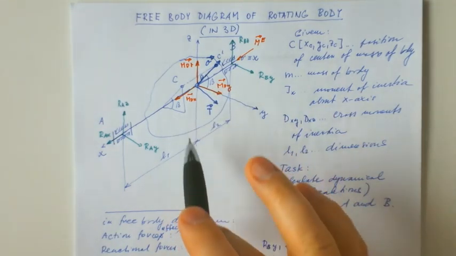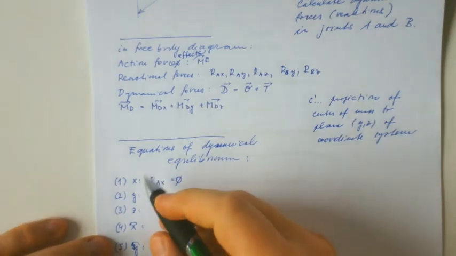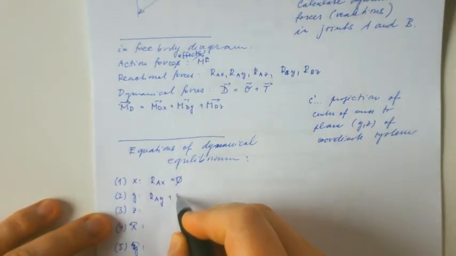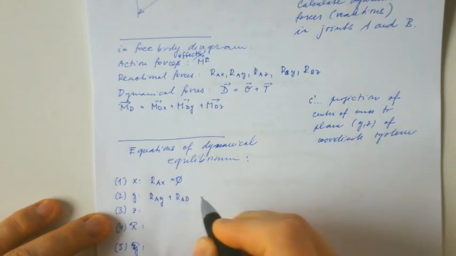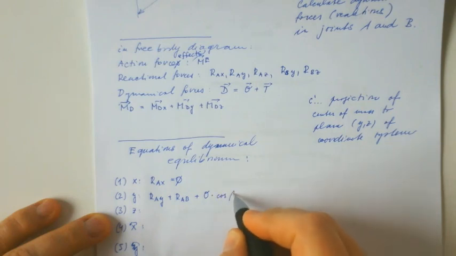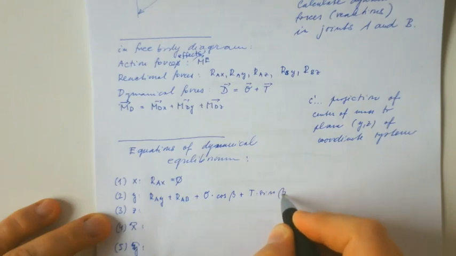We will calculate it later and we will use it now. So I am writing that it is RAY plus RBY plus O by cosine beta plus T by sine beta.